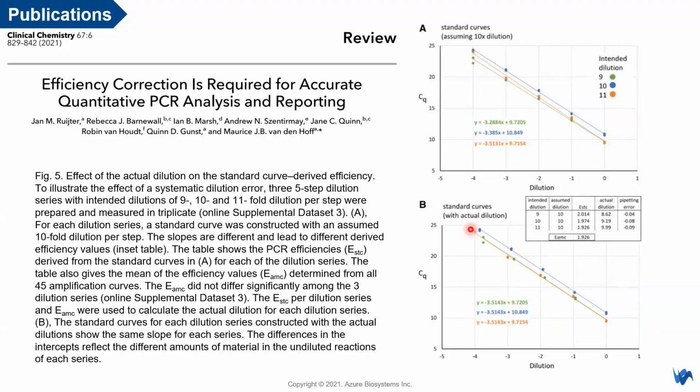So what they realized is that the differences in these intercepts do reflect that you actually have different amounts of material in the undiluted reaction for each of the series. I highly recommend you also look at this to see why they went out and tested this, because I believe they saw inconsistent data. Thus they proposed this mathematical strategy to correct the standard curve itself.